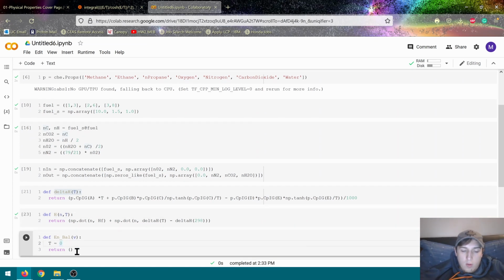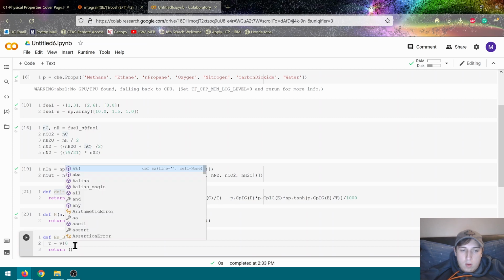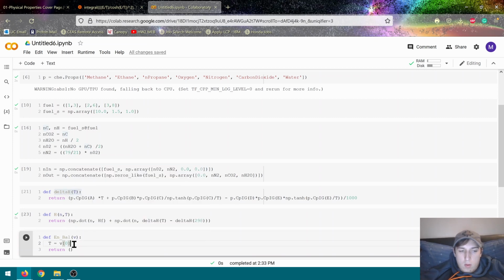T is equal to, and we're going to bring in the equation that we just wrote, H. We're going to bring that in as N, the number of moles into the system, so N in, and we're going to set T, our temperature, as 298.